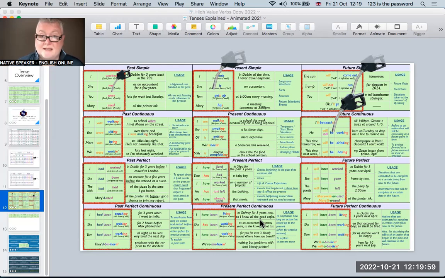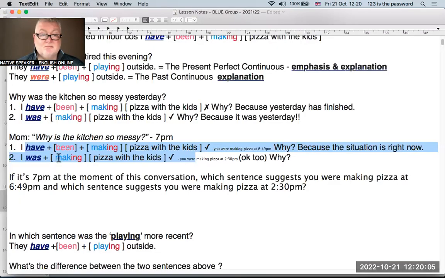And sometimes, like I did today, I'll tell you that the past continuous and the present perfect continuous can sometimes be used in the same situation. You can take a taxi into town, or you can drive your car into town, or you can take a bicycle into town. You can take a bus into town. They'll still get you into town. Are they the same?